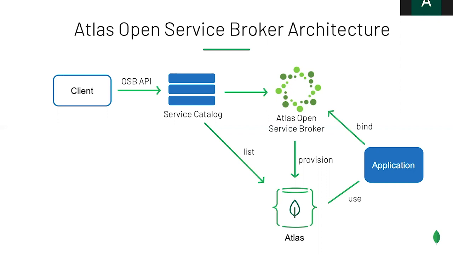Once it's provisioned, there is a representation in the catalog of that instance of MongoDB Atlas. An application could request a binding from Atlas Open Service Broker. Binding is essentially a way of connecting an application with a service, and in our case, it means creating a user. So when the application makes a binding request to Atlas Open Service Broker, it creates a user in the MongoDB Atlas database, and then the application will get that user's credentials and connection string.